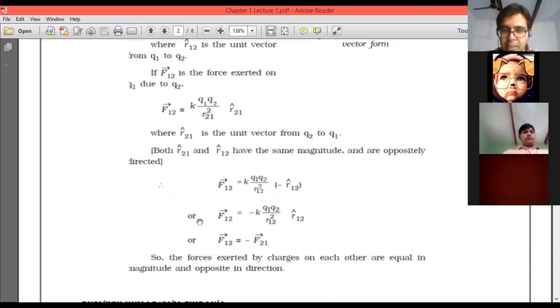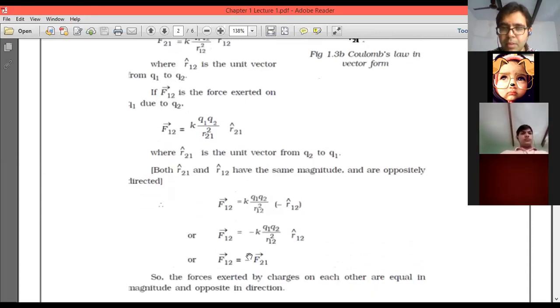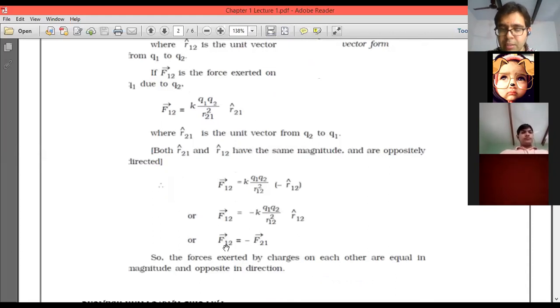This equation is very similar to the earlier equation, except that it has a minus sign. So both F12 vector and F21 vector are equal in magnitude, but their direction is opposite. That's why vector F12 becomes minus of vector F21.